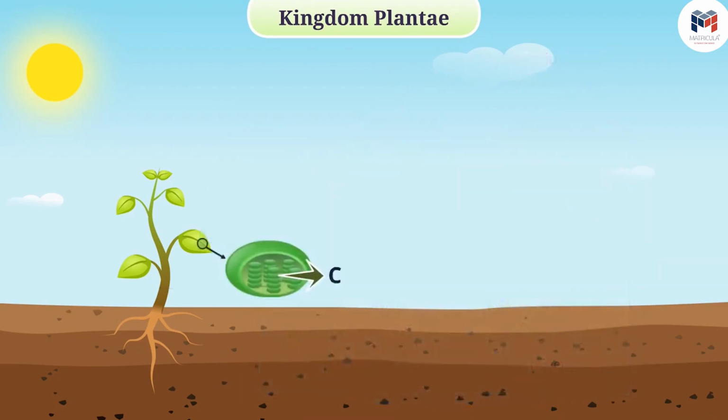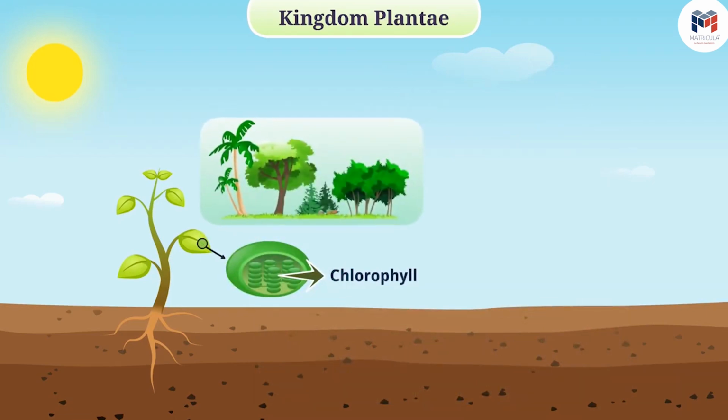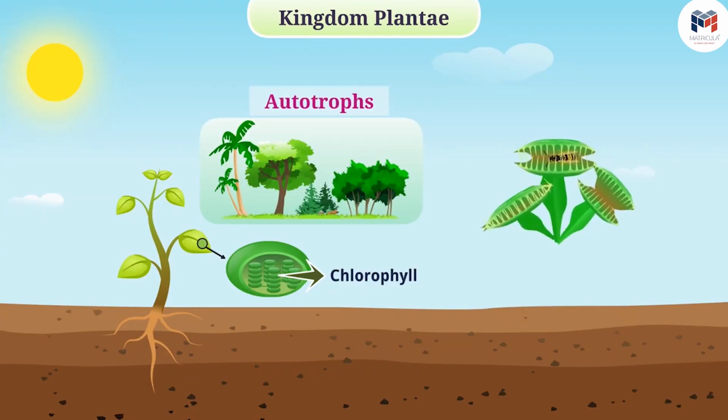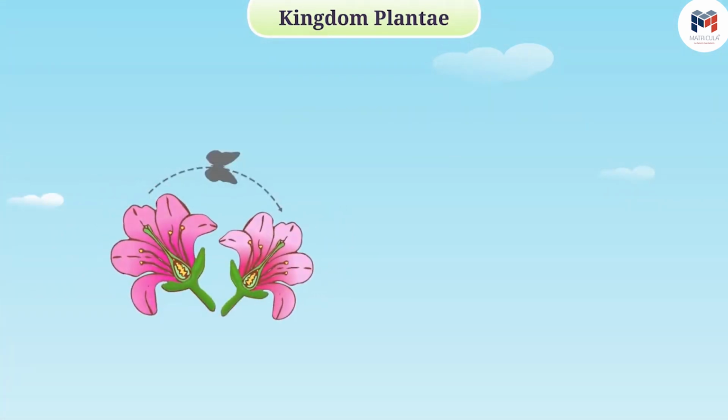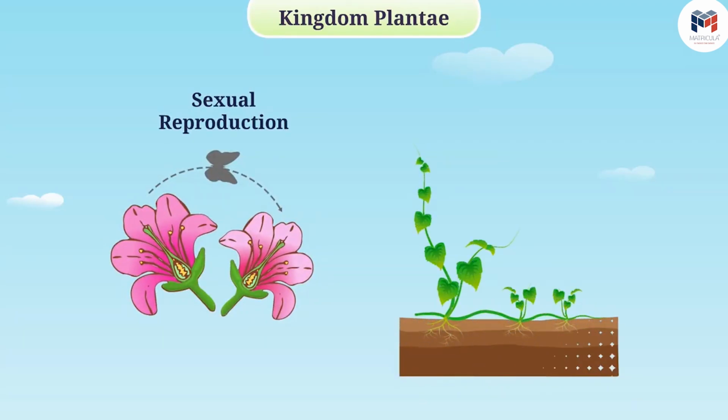Due to the presence of chlorophyll, most organisms in this class are autotrophic, but some of these organisms are also heterotrophs. Some of these organisms produce offspring from sexual reproduction and some from asexual reproduction.